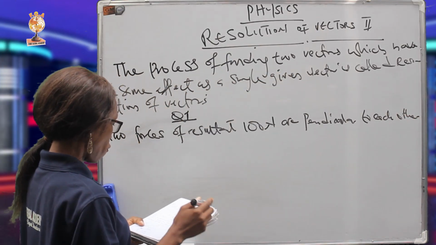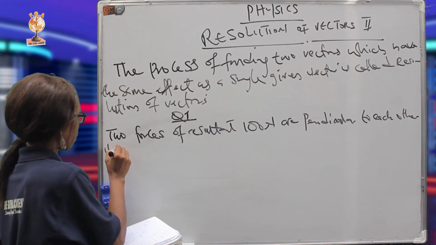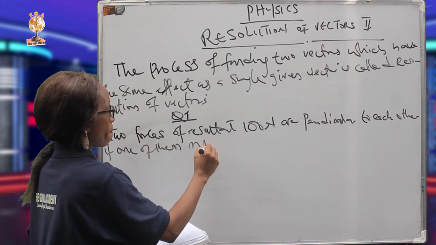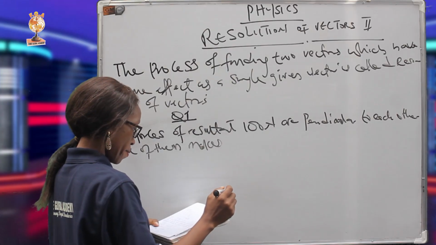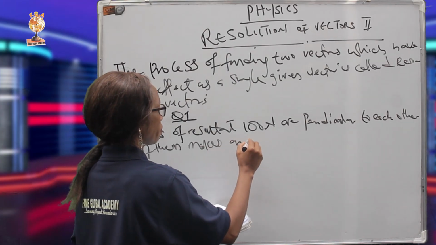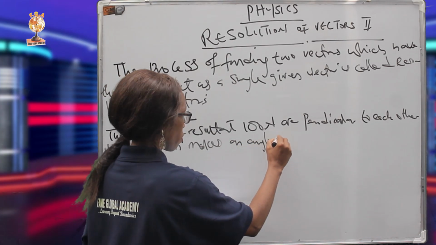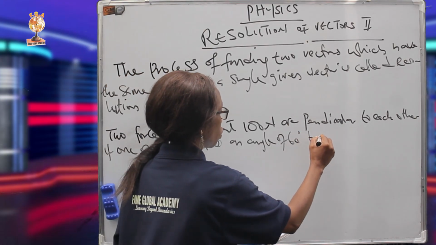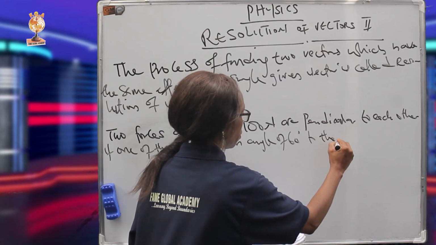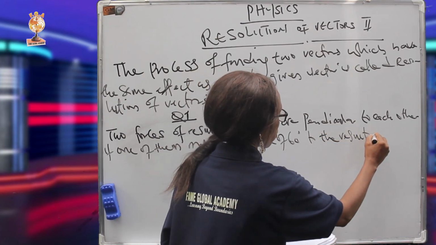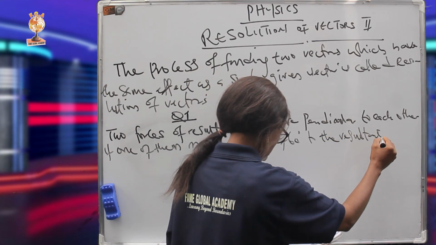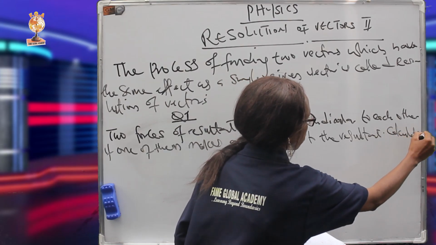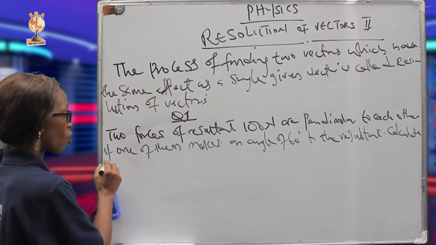If one of them makes an angle of 60 degrees to the resultant, calculate the magnitude of the force.